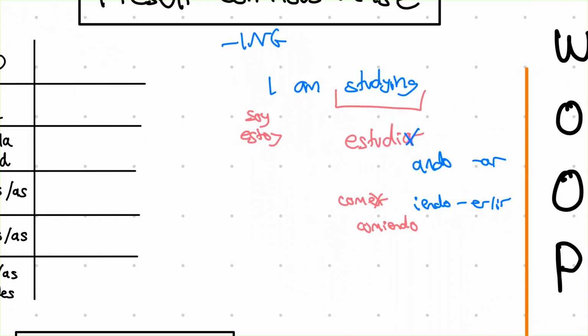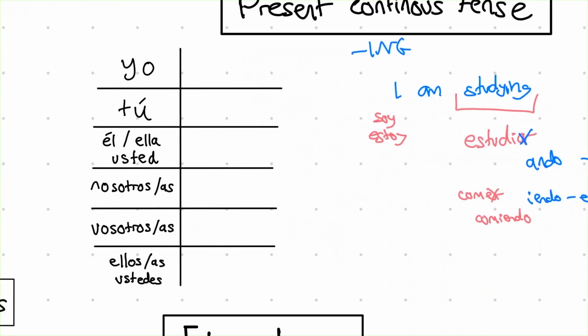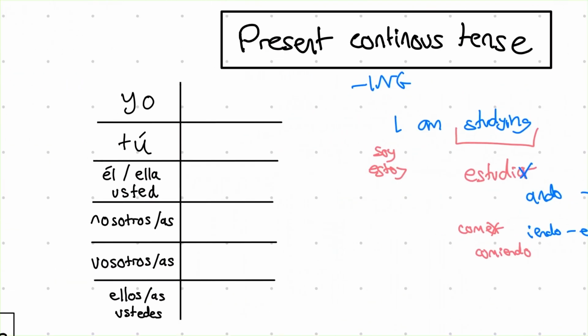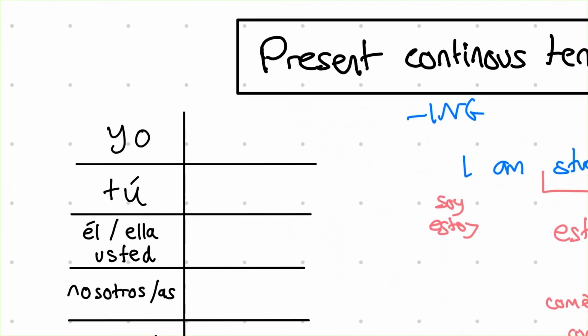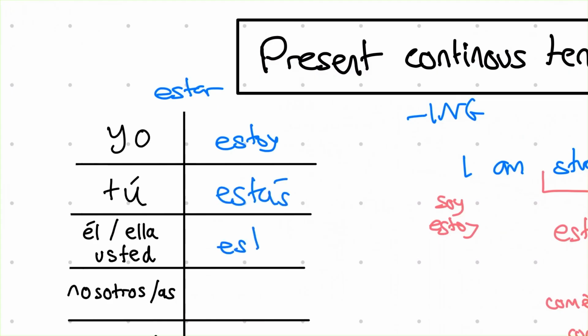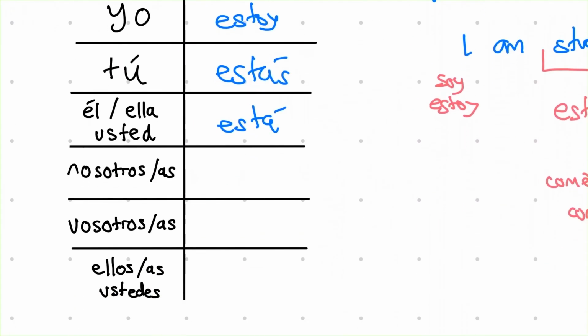So it's going to be estoy estudiando. So therefore, the present continuous tense is made up of the present tense conjugations of estar. So we have estoy, estás, está, estamos, estáis, and están.